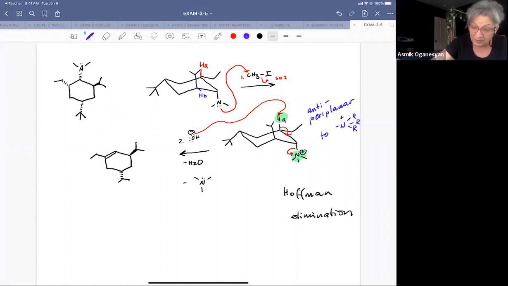A very common mistake, guys, when the students put the top view into chair conformation, they do not draw the same molecule.